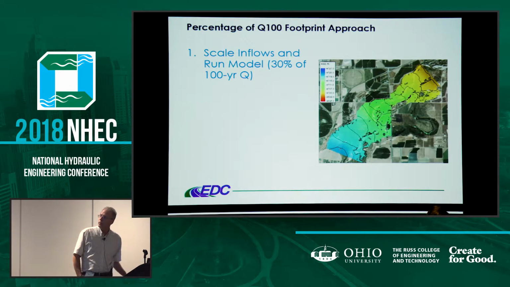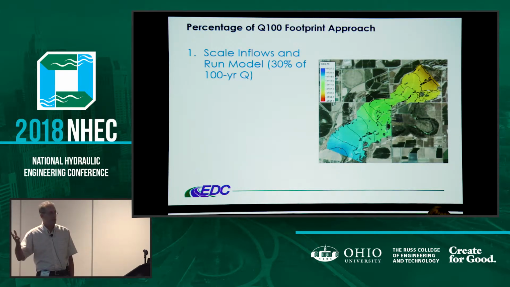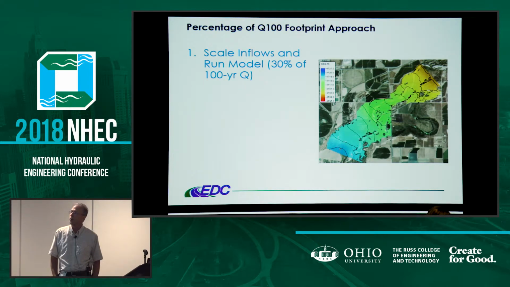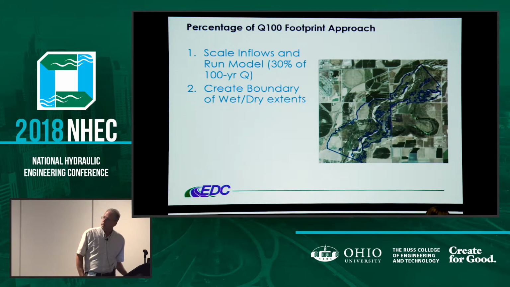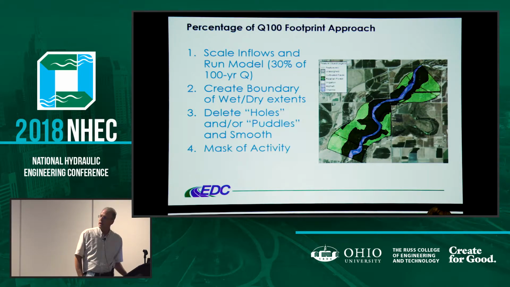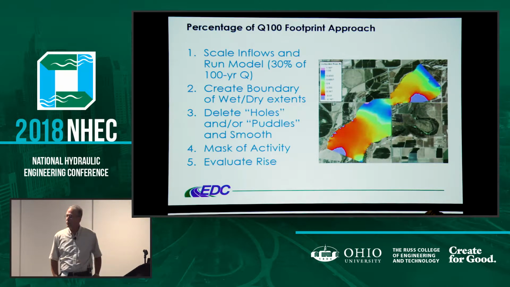And so we iterate on the percentage of the Q100, and in this case, we started at about 60% and found that we weren't getting near enough constriction, so we ended up dropping all the way down to 30% of the Q100, and that generated a polygon similar to what we had with the unit flow rate. We smoothed that out, masked it, generated a new 2D flow result, and looked at the results.